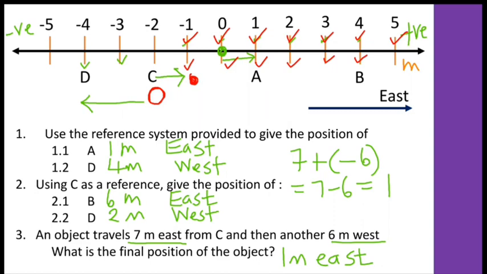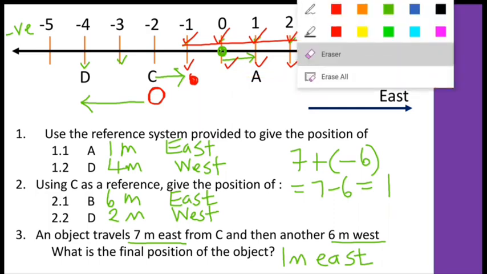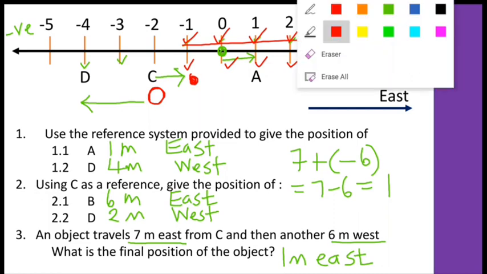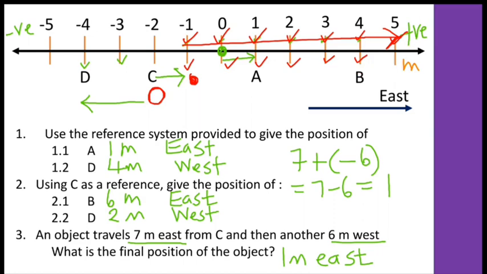So basically, you moved that much, and then you came back, not that much, you came back all the way to this point here. So you moved 7 meters, then you moved 6 meters back. So your final location is 1 meter east.